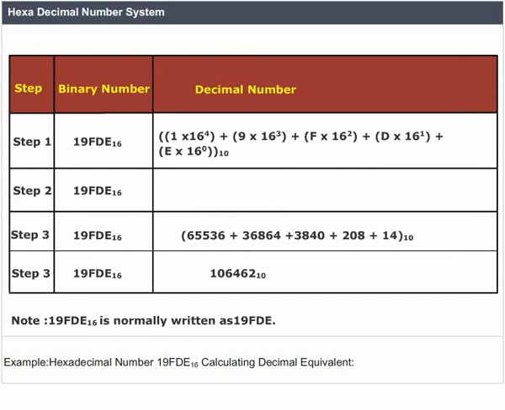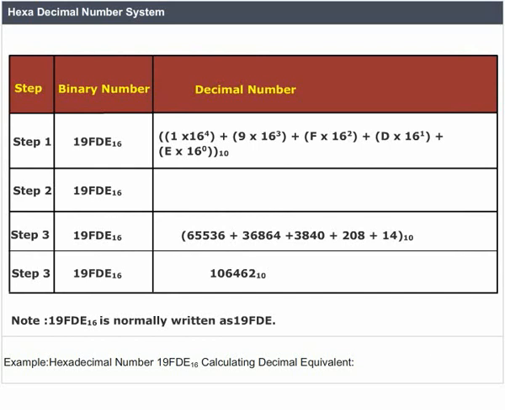Step 2. 1 multiplied by 16 to the power 4 plus 9 multiplied by 16 to the power 3 plus 15 multiplied by 16 to the power 2 plus 13 multiplied by 16 to the power 1 plus 14 multiplied by 16 to the power 0, all to the base 10.